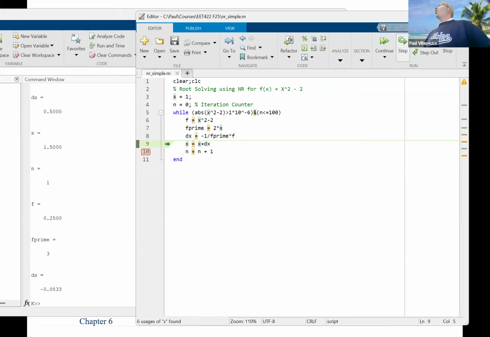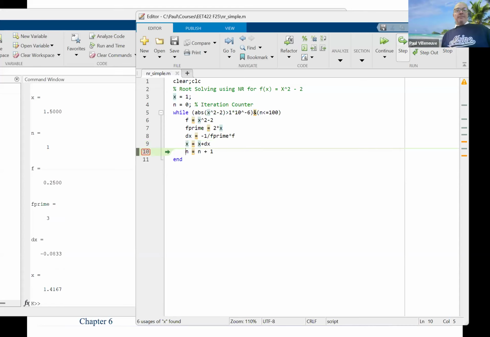My dx is also good because it started at 0.5. Now it's -0.0833. So it's almost an order of magnitude smaller. So I'm taking less large jumps to get to that final answer. That's the sequential linearization. I'm linearizing every time, so I don't have fixed steps to get to my final answer, because the fixed steps will probably mean I'll overshoot.